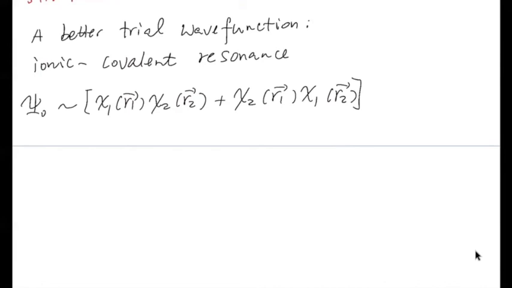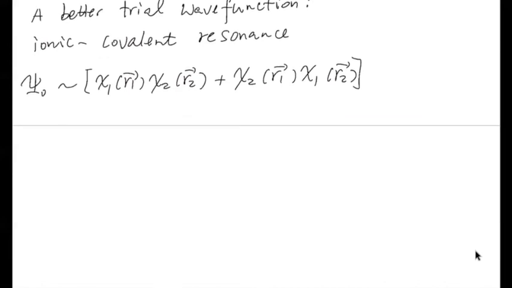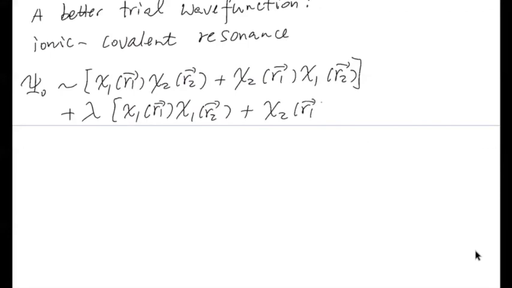So these two terms are covalent terms, plus lambda times chi1(R1) chi1(R2), plus chi2(R1) chi2(R2).